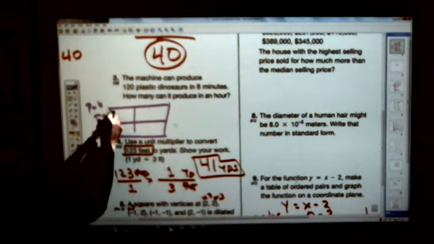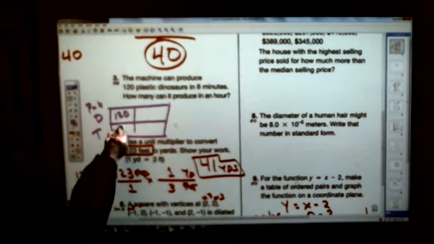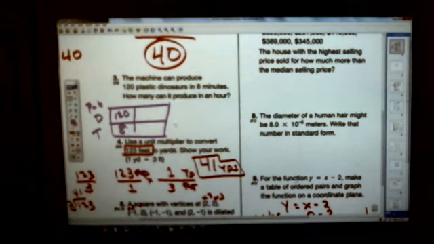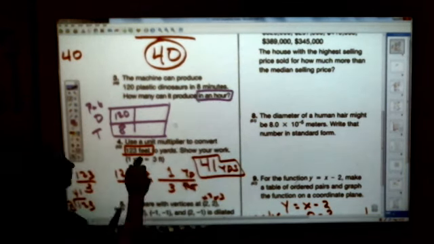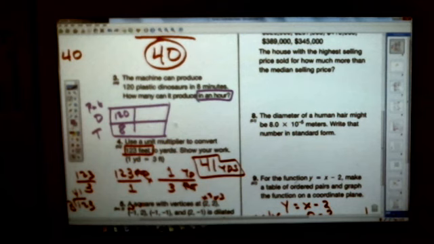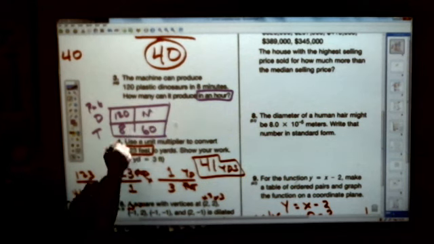It said you can do 120 plastic dinosaurs in 8 minutes, but they want you to figure out how many you can do in an hour. An hour is not in minutes, but you probably know how many minutes are in an hour, which is 60.